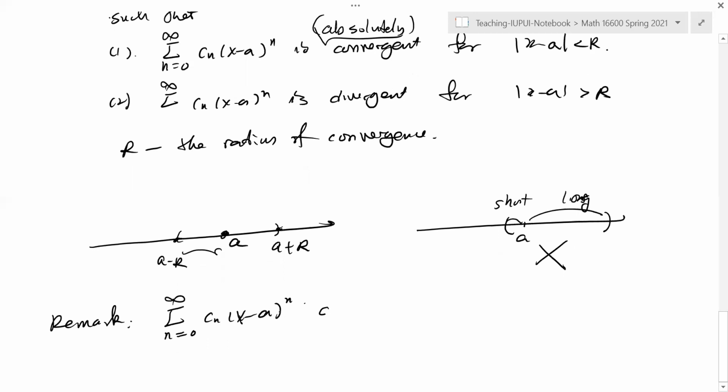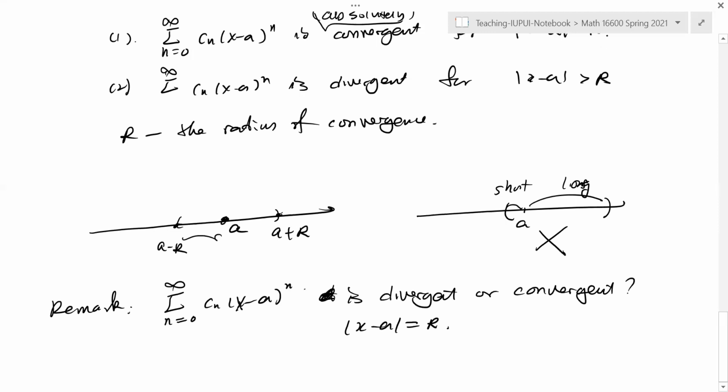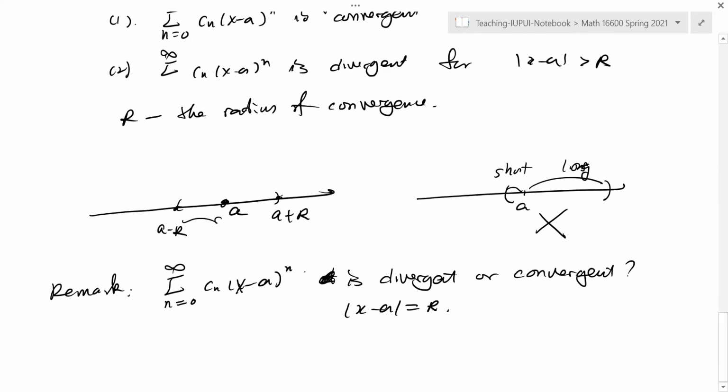Sometimes divergent, sometimes convergent. So when absolute x minus a equals R, we don't know, and it can be determined by other methods. So every power series has a radius of convergence.